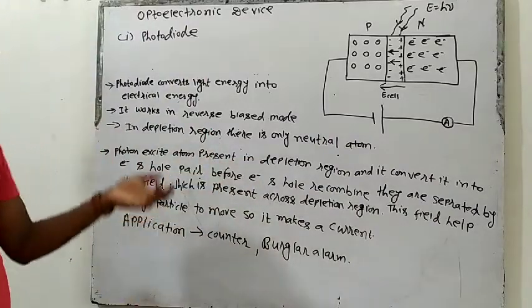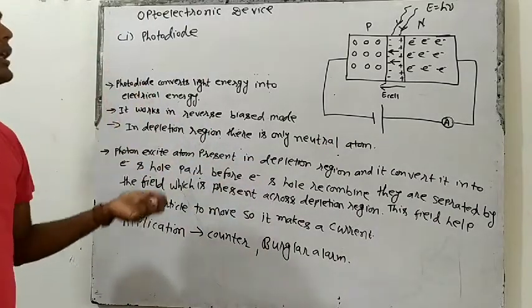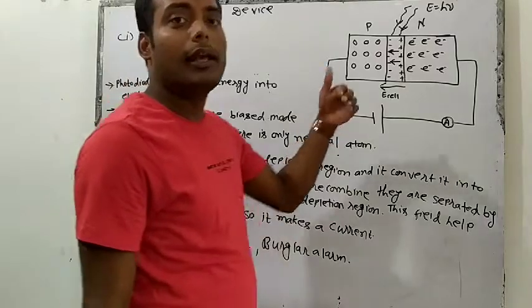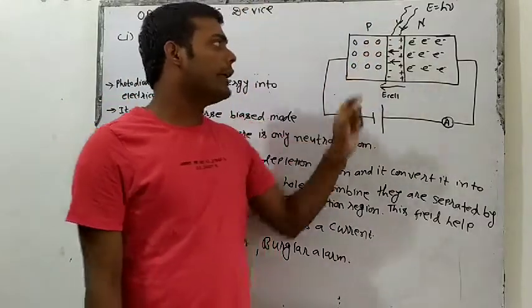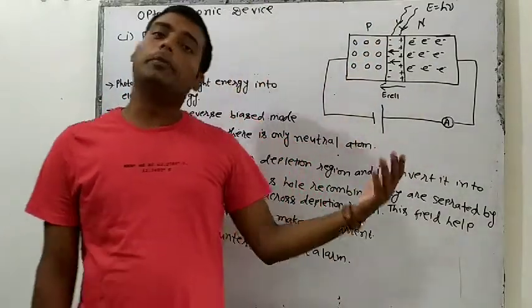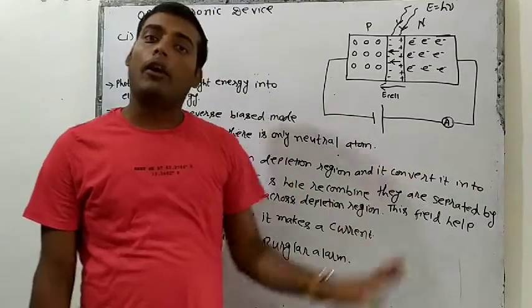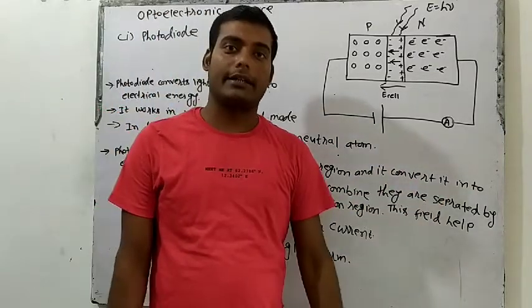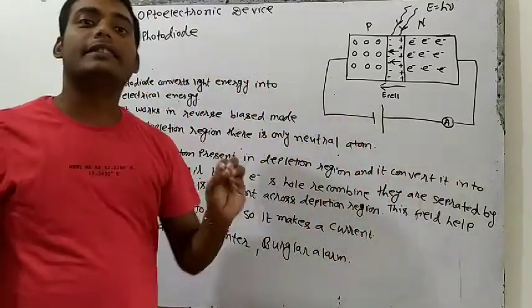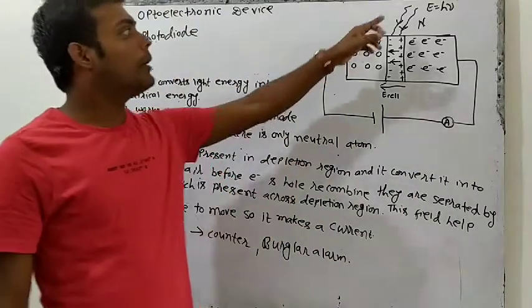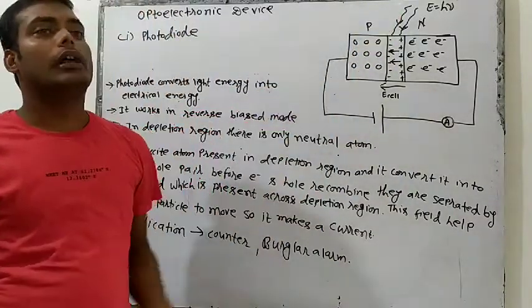Photodiode is a device which will convert light energy into electrical energy. So in input we will give light, and in the output we expect electrical energy.